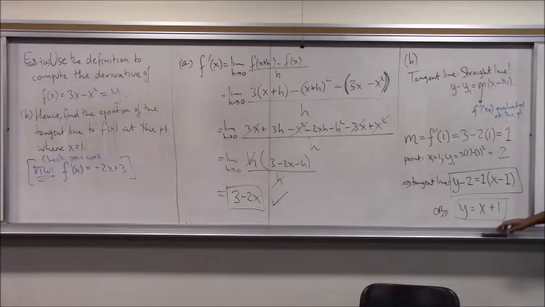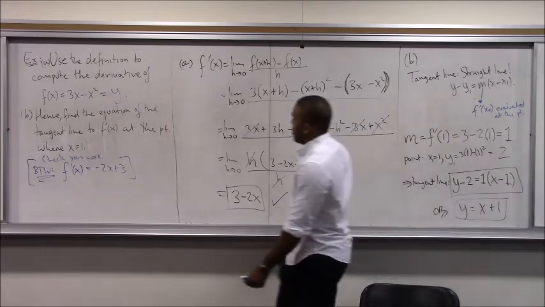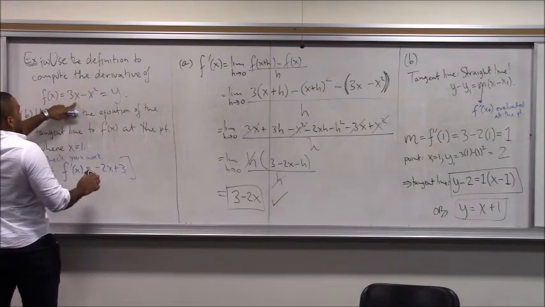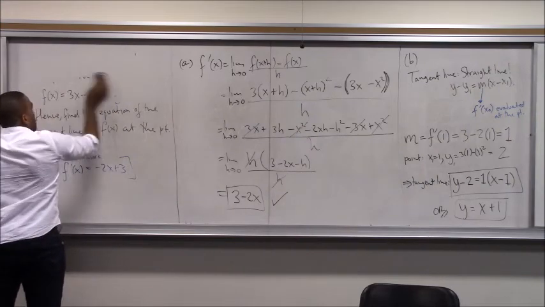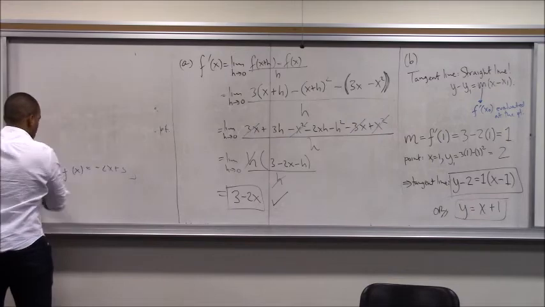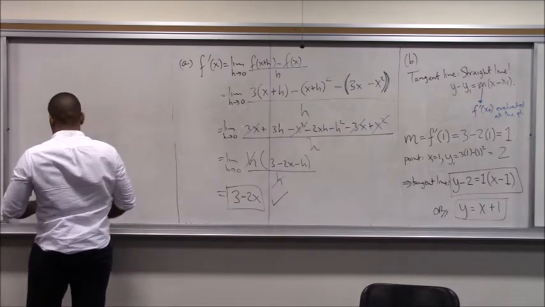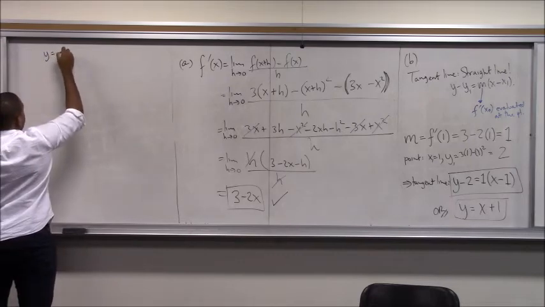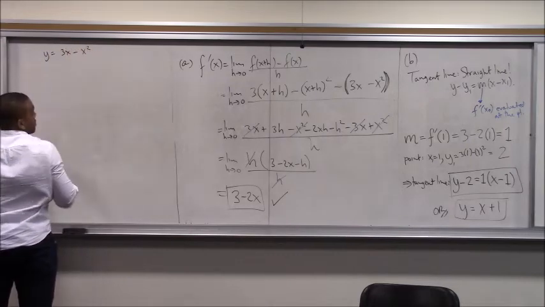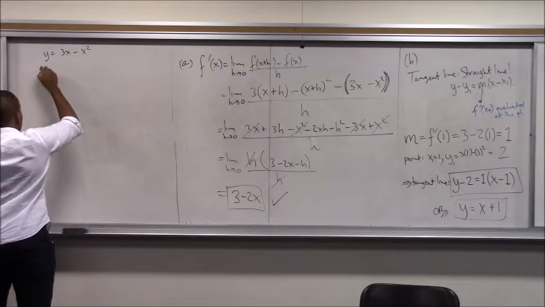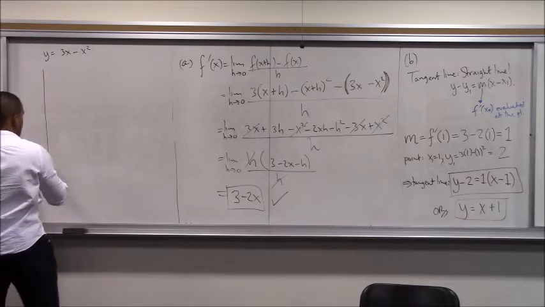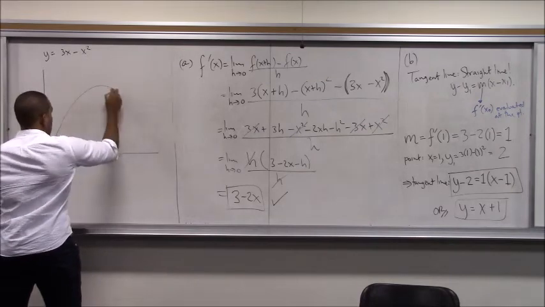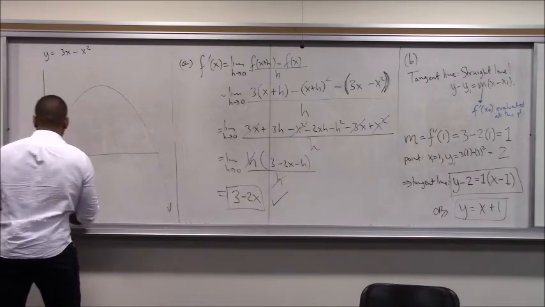Now, what does that actually mean? If you were to graph this, if you look at something like y equals 3x minus x squared, it would look like that.